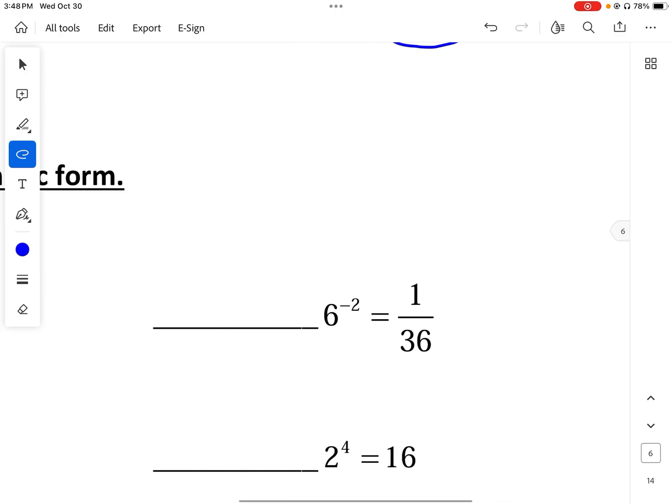Okay, the next one. This is our answer, so equals 1 over 36. No, let me back that up. Our answer is the exponent, so equals negative 2. So it's going to be log base 6 of 1 over 36.